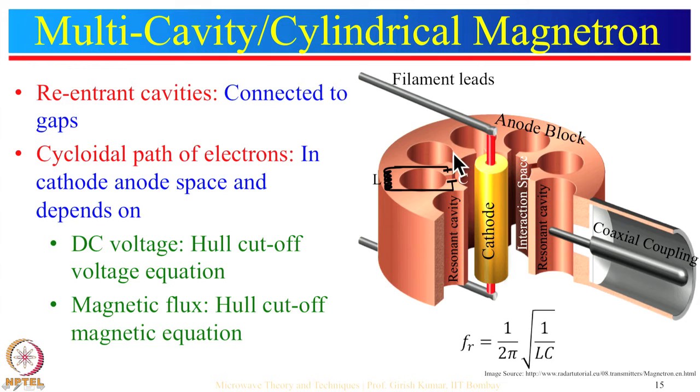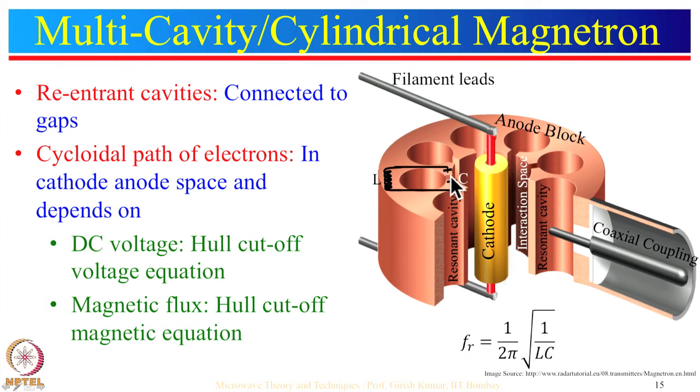For each cavity there is a slot which connects that cavity to the RF interaction space, and each one of these cavities acts as a parallel resonant circuit, as shown here. So, this is a parallel resonant circuit or a tank circuit, and the resonant frequency of a parallel resonant circuit is given by Fr = 1/(2π√(LC)).